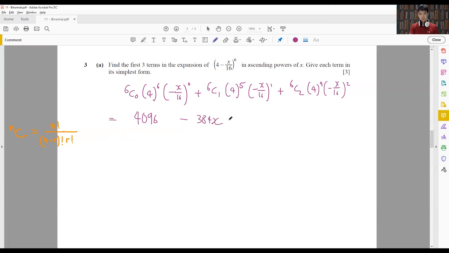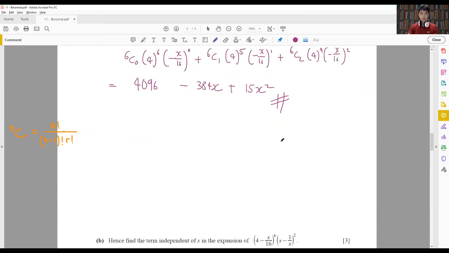And here is actually 6c2 times 4 to the power of 4 over 16 squared, which will give you 15x squared. And this will be it in ascending power of x. Note to remember that there is x to the power of 0 here that we just do not write. Okay, this is just your final answer, right?